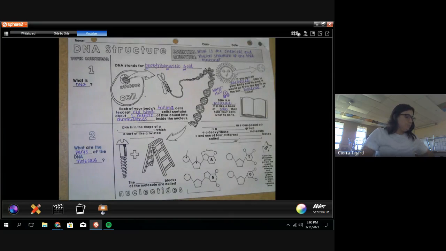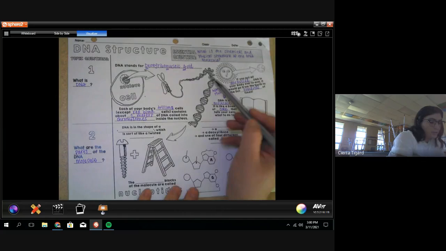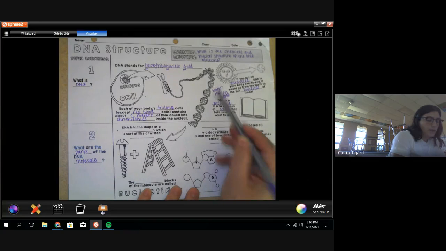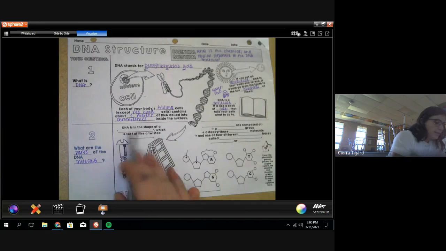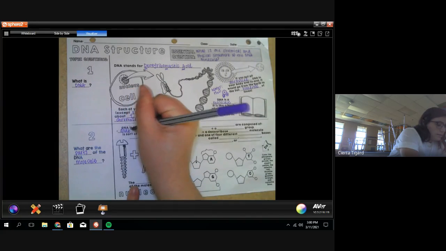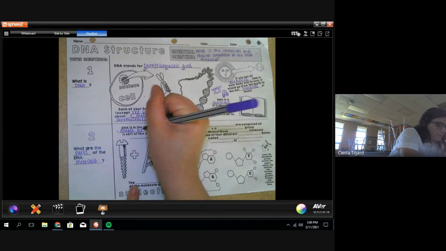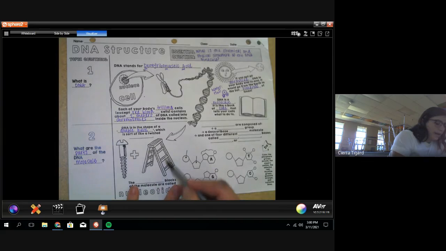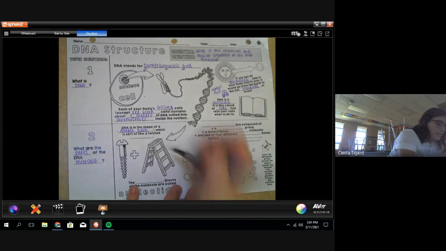And so first we are going to look at the shape. So we can see that it is this very twisty-turvy pattern here. And it is called a double helix, which is sort of like a twisted. So if we take the spiral of the screw and then we put it into a ladder form, it's like a twisted ladder.